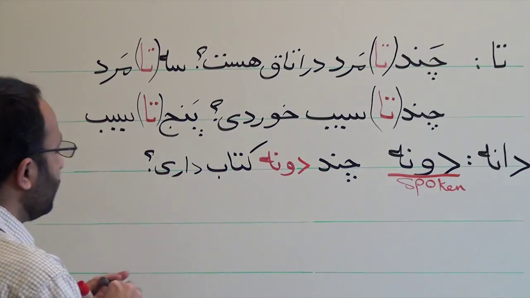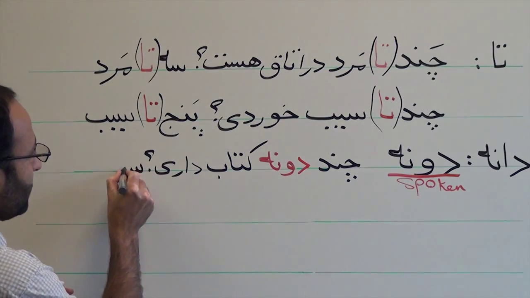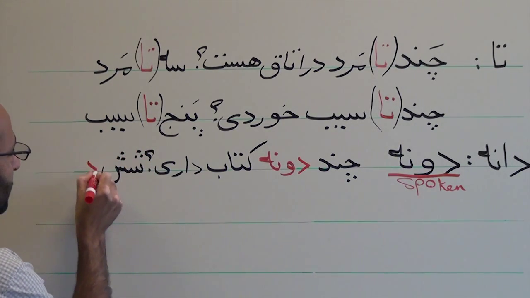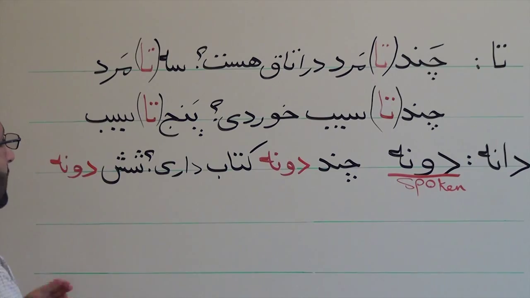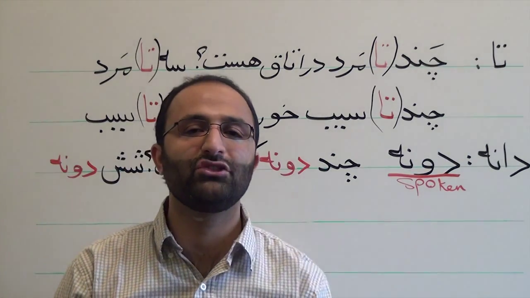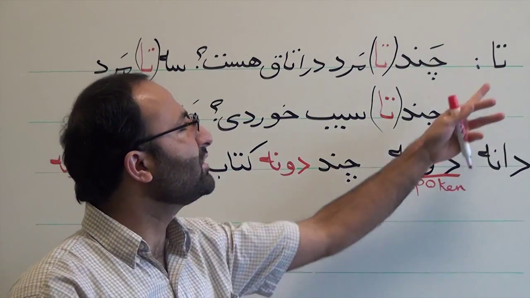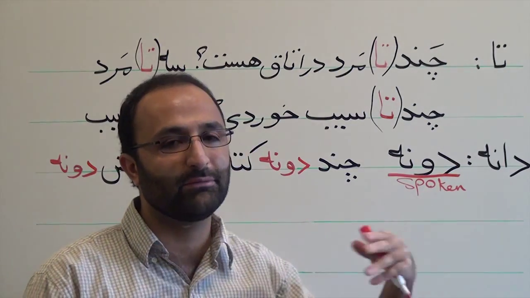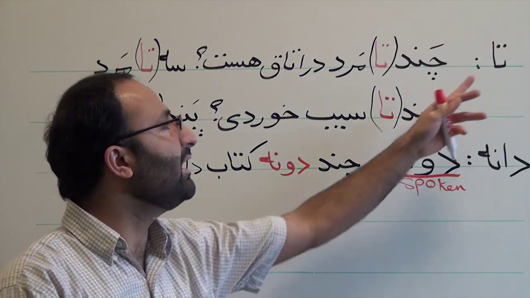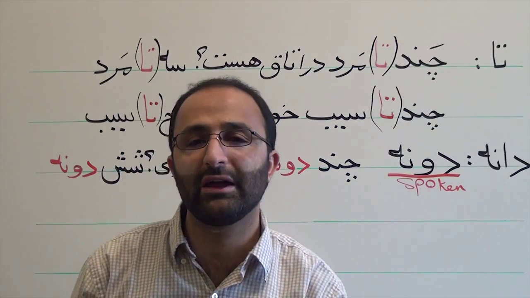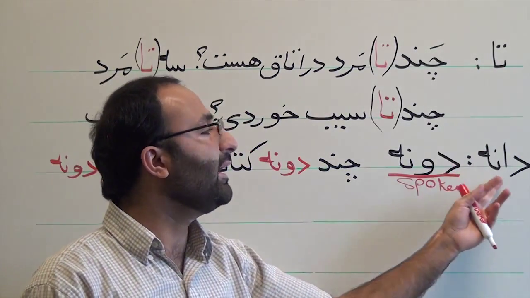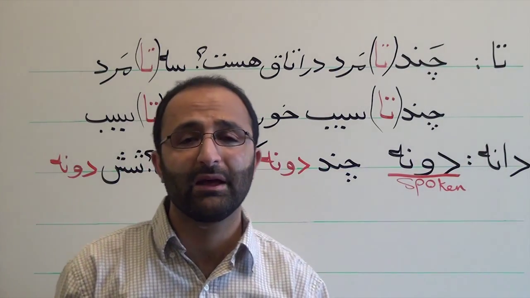You can say شش دونه. شش دونه. دانه changes to dune. So ta is much more common than dune in spoken Farsi, but they are interchangeable. So if you hear that, you shouldn't get confused about what it is. It is a generic counting word.